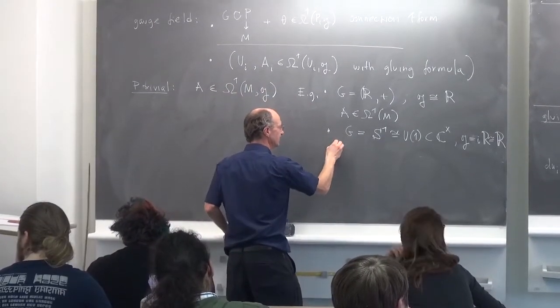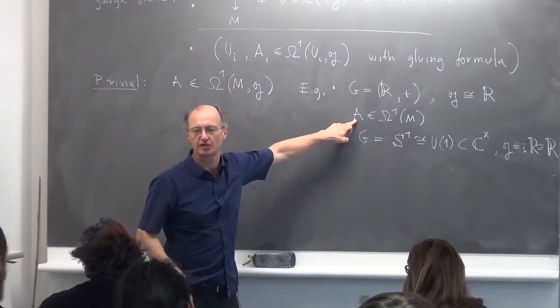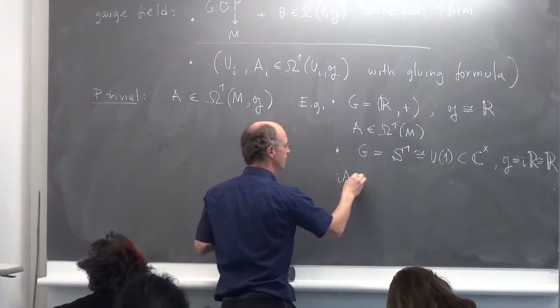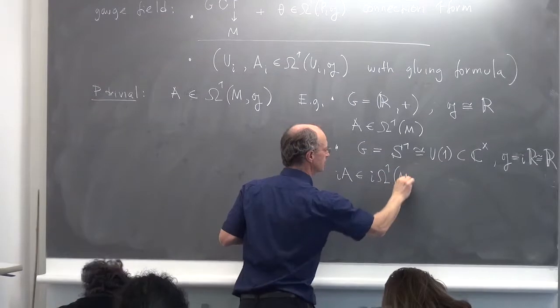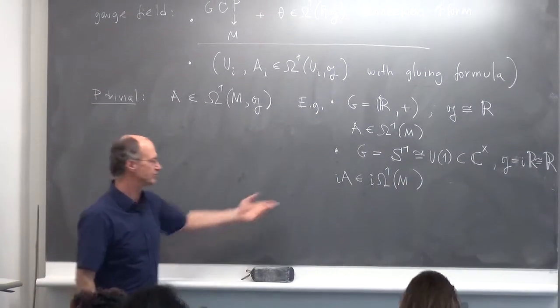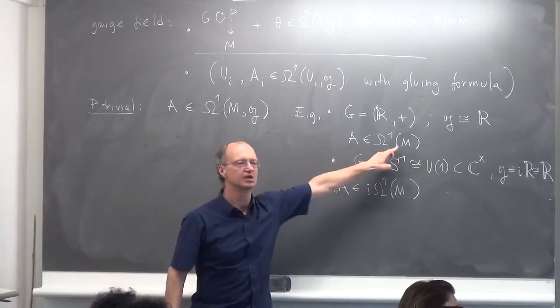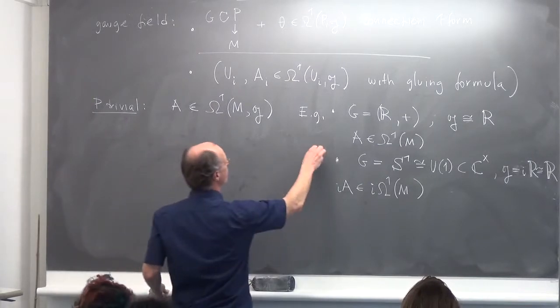So here usually people still prefer to have A as a real-valued form. So let me put it in this way: iA belongs to iΩ^1(M), because people usually still want to have this real-valued one-form. So in the end, the space of gauge fields will be the same.